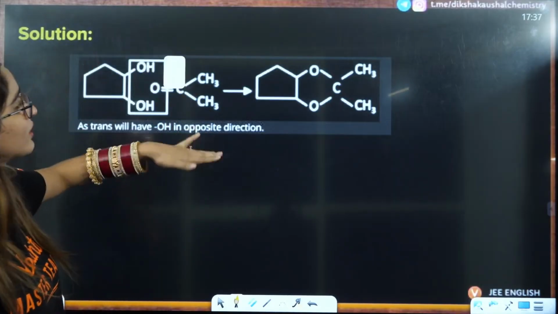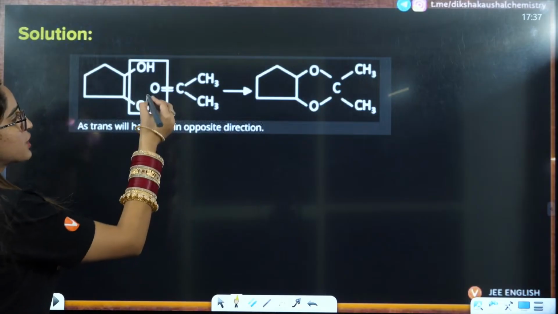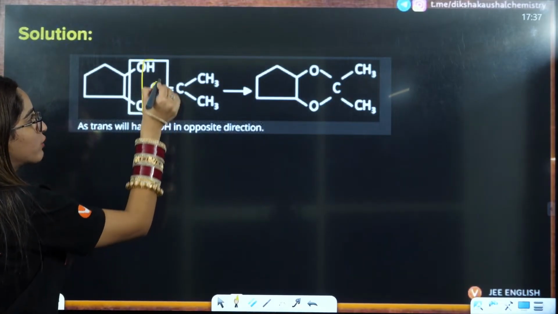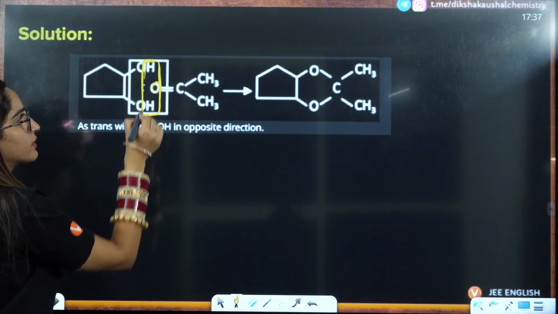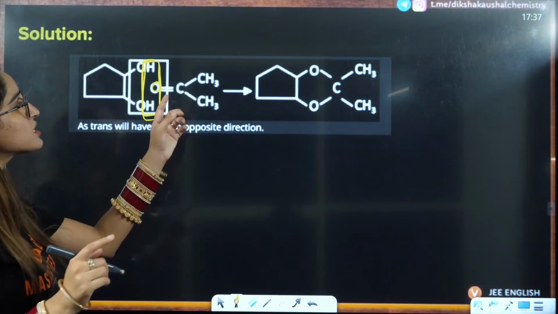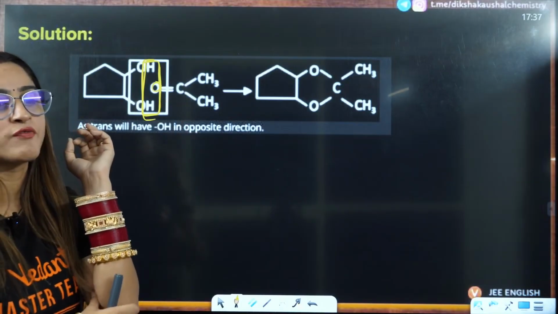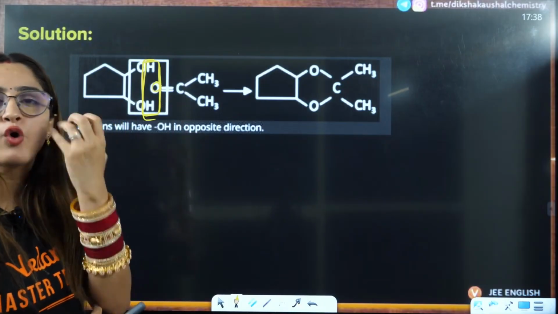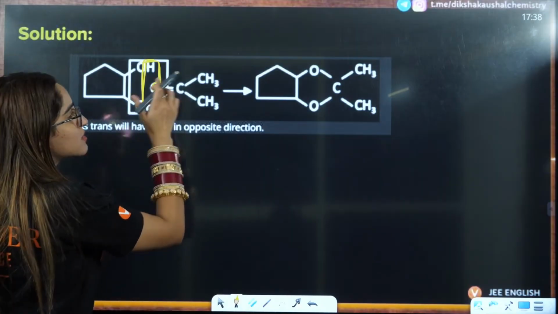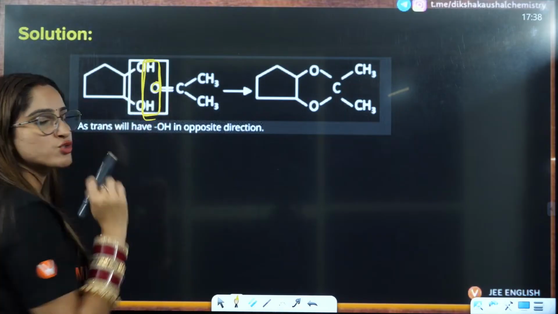With cis, what kind of reaction will you see with acetone? Here, this oxygen and these two hydrogens will be eliminated, and you will have the formation of a ketal. This ketal is formed to protect the carbonyl group of the ketone. That is how this carbonyl group is protected by these two OH groups.